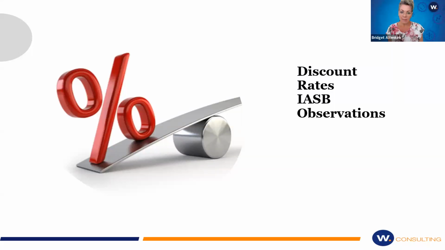So the question that came through: should we use the contractual cash flow or discounted cash flow for purposes of classifying between current and non-current? Remember, at the end of the day, when you sum your current and non-current, it needs to represent the present value of that liability. So the sum of what you're disclosing as current and non-current needs to represent the actual balance at the end of your reporting period.